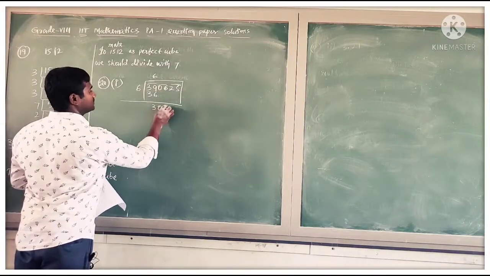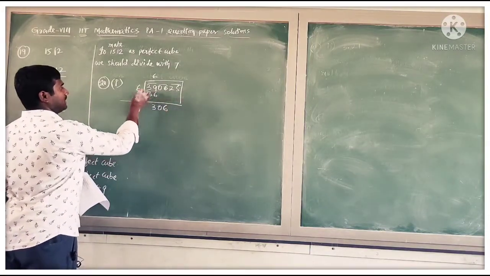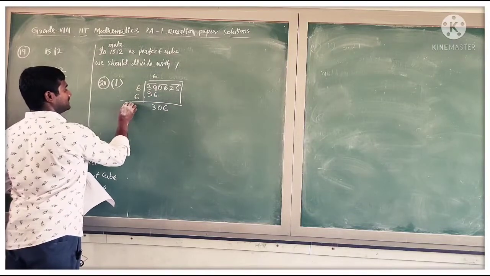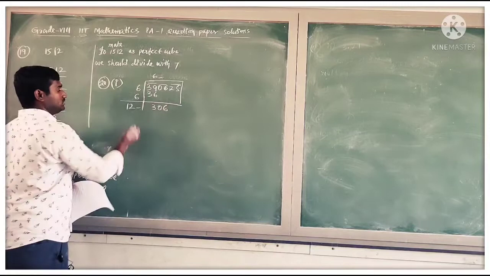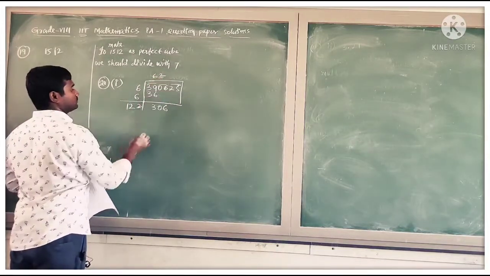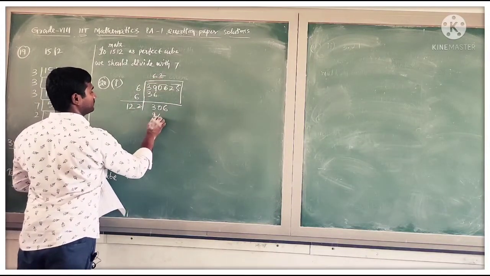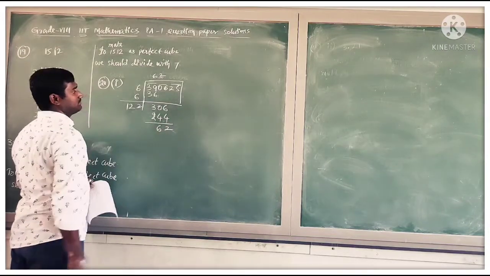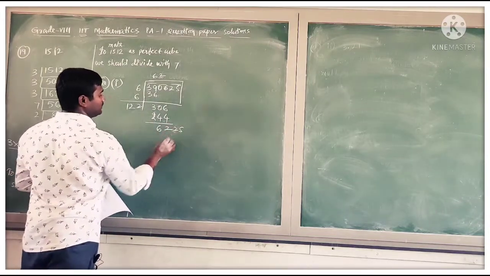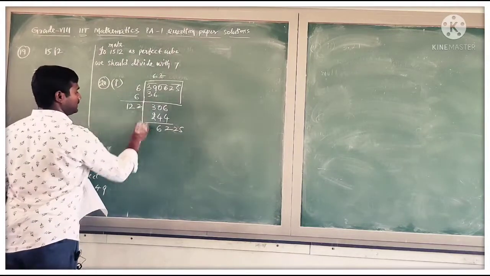Next draw down the next bar digits, 0, 6. And this 6 we need to add, 6 plus 6, 12. So here 1 digit will come, here 1 digit will come. So 2 into 2, it becomes 244. So 2, 6 will come. Next draw down the next bar, 625.